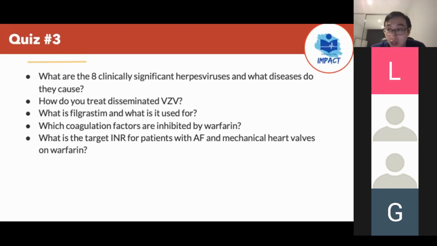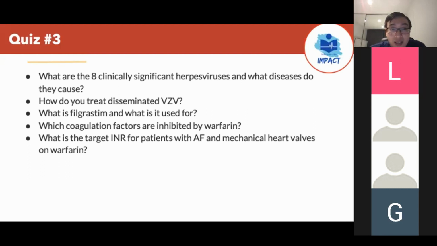They cause roseola, as Jason mentioned. And the last one is also just known as a number. So HHV 8, which, do you guys know what HHV 8 causes? Yeah, Kaposi sarcoma, fantastic.